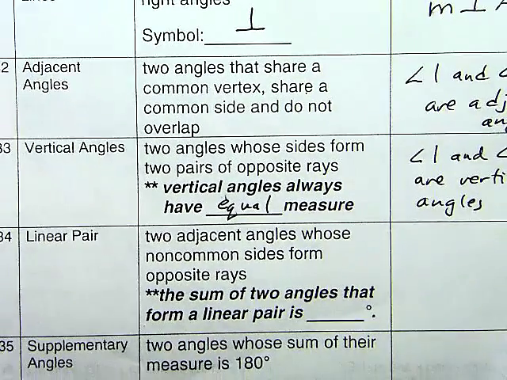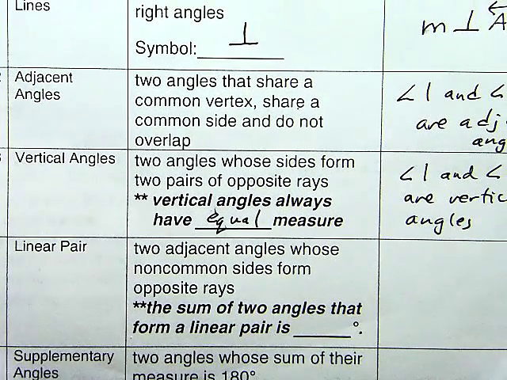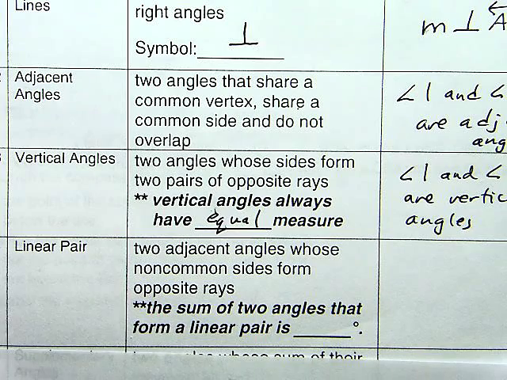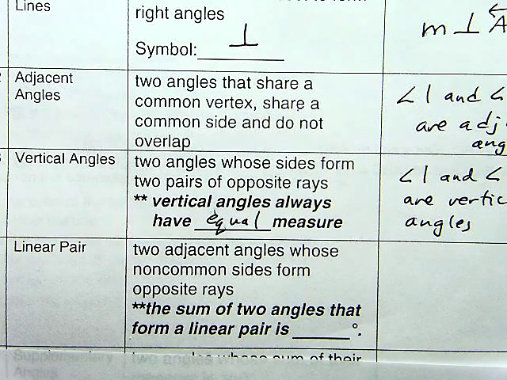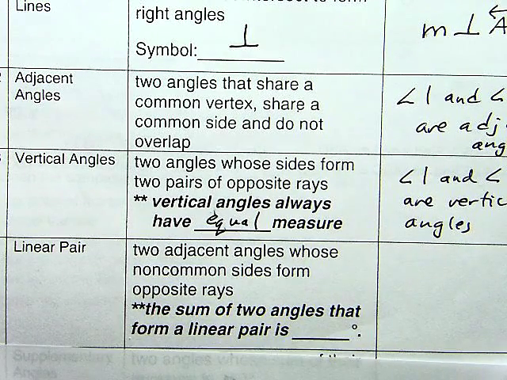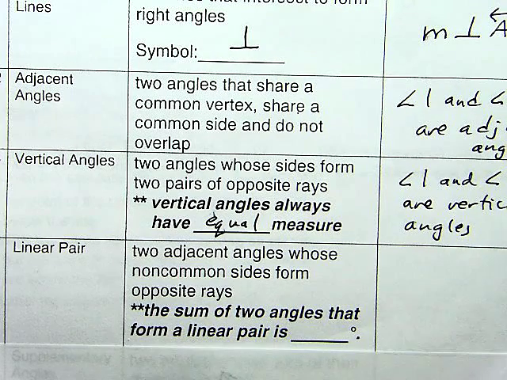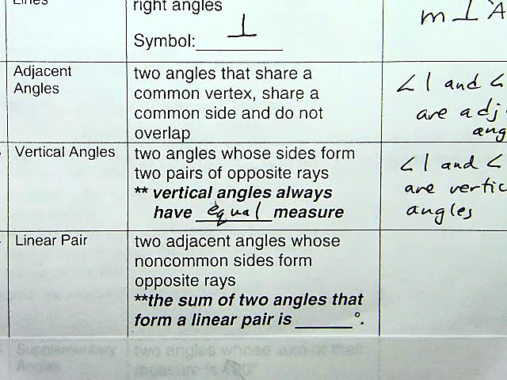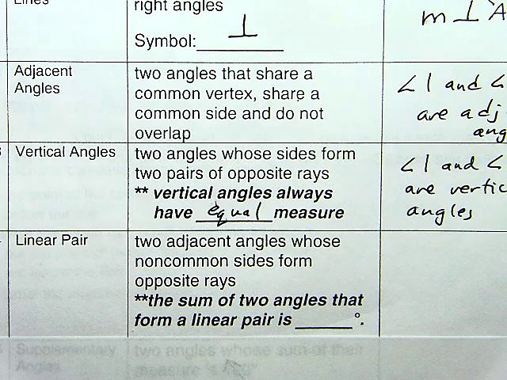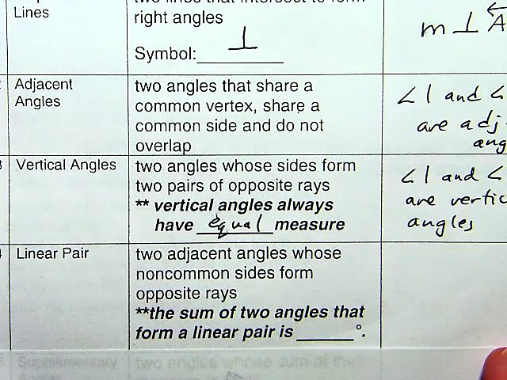Okay, good. Let's go on to our next definition. Linear pair. A linear pair is two adjacent angles whose non-common sides form opposite rays. Well, the non-common sides of two adjacent angles is simply the larger angle that's the sum of the two smaller adjacent angles.